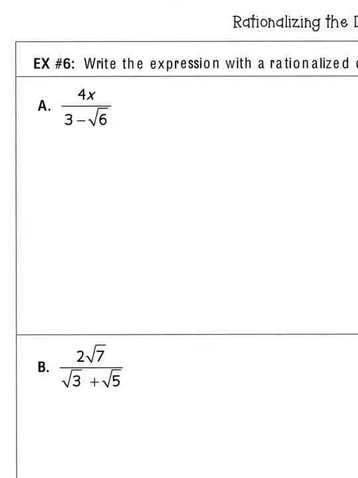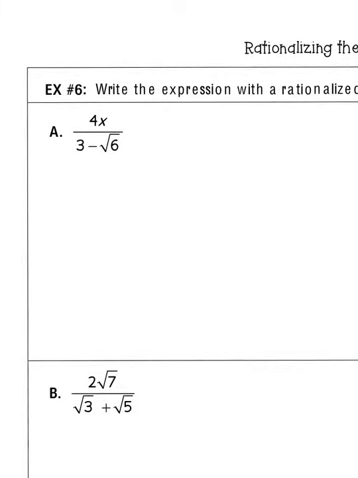All right, so these are the last 3 problems. And they tend to be a little bit of a doozy until you get used to them. So remember that that difference of two squares factor pattern is going to help us get rid of this radical in the denominator. So I cannot multiply this denominator by the square root of 6.